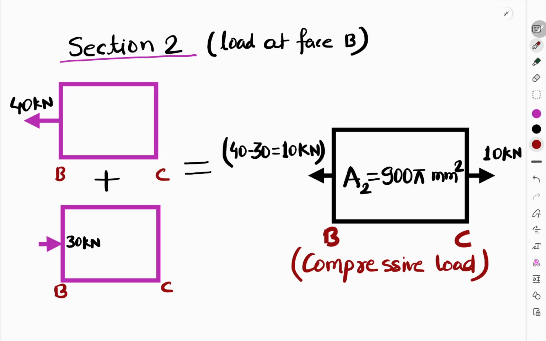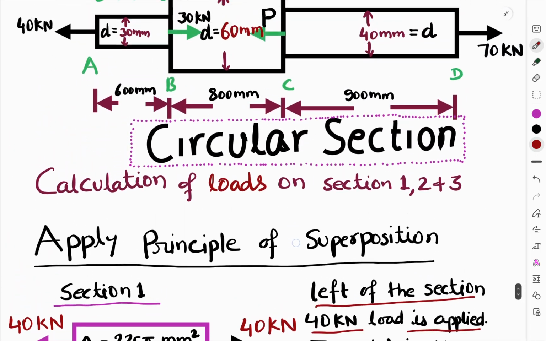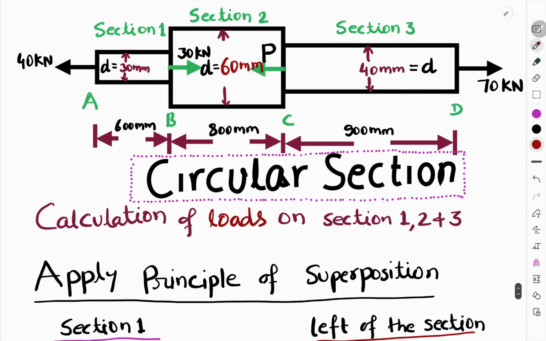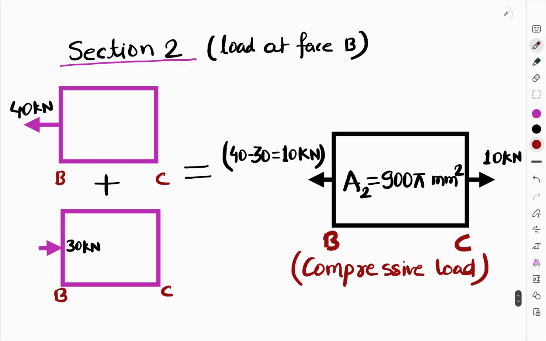So whatever load is applied on section 1 at face B, in reaction the same force or load will be applied for section 2, that is 40 kilonewton. Plus one more force is applied at face B, that is given here as 30 kilonewton, which is compressive in nature.